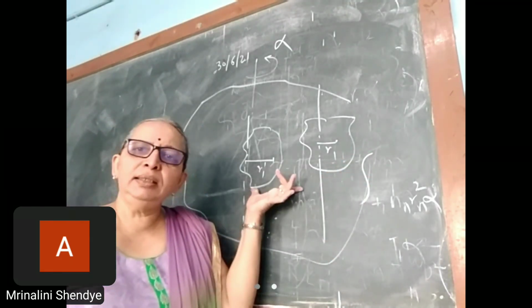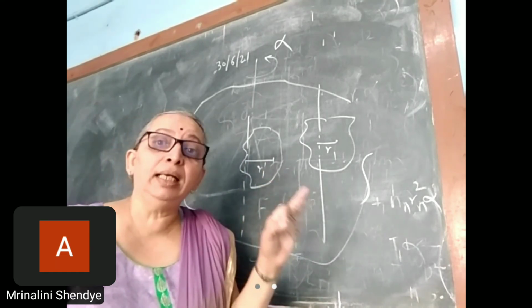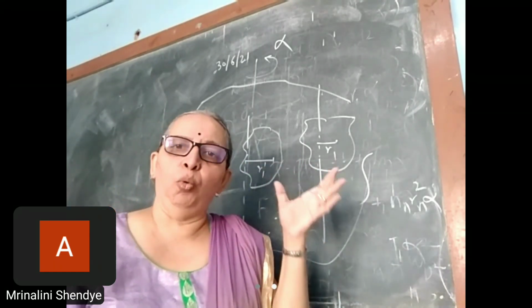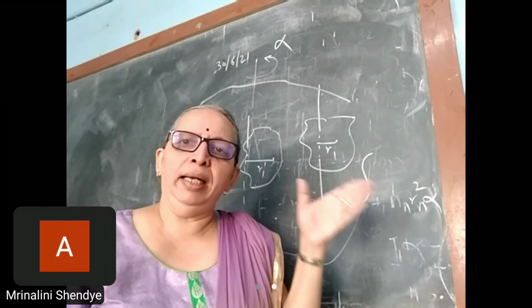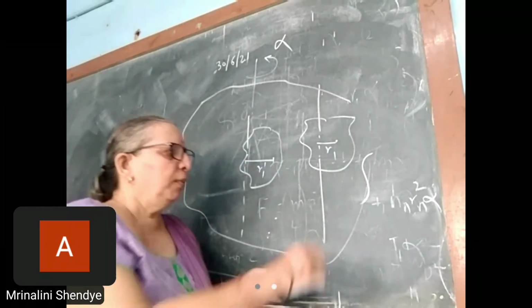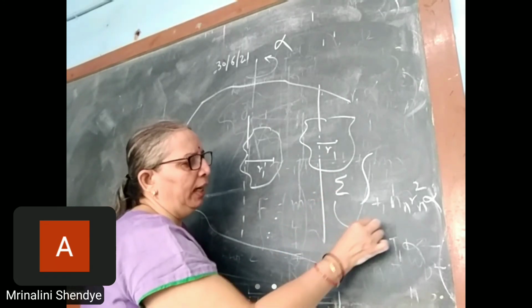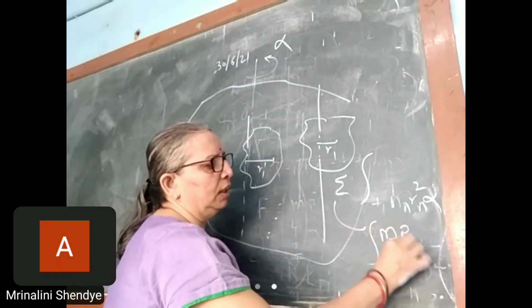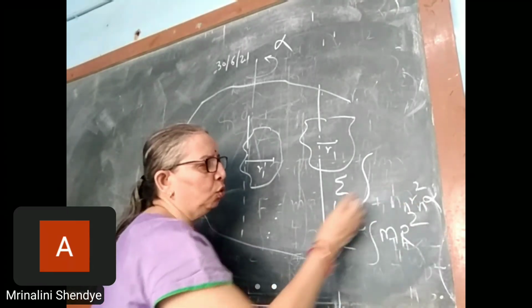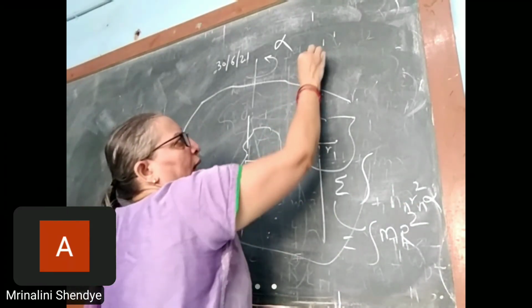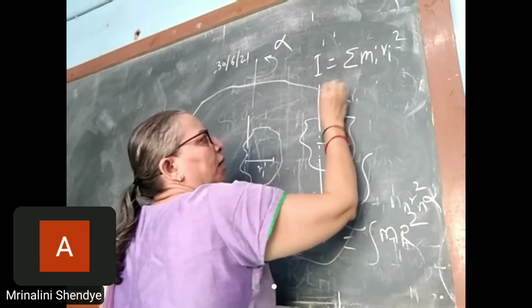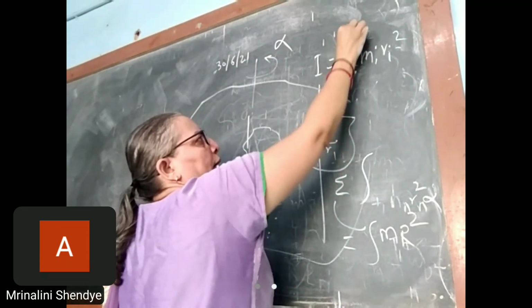If the mass distribution is integrable, अगर ये mass distribution homogeneous है, उसका integration ले सकते हैं, तो summation we can replace by integration. Mass of body into distance r square. So for a definite body, I is summation mi ri square, where i runs from 1 to n.